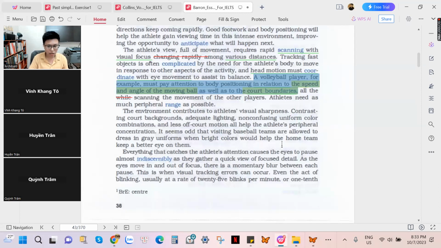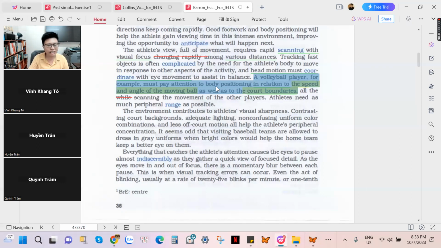And when he runs, he needs to pay attention to the speed of the ball. He needs to look at the ball and ask himself which direction and which angle the ball is flying. Is the ball flying to the left or to the right?